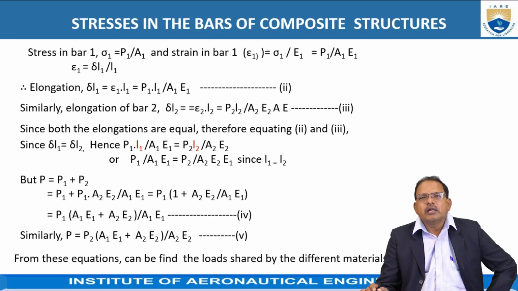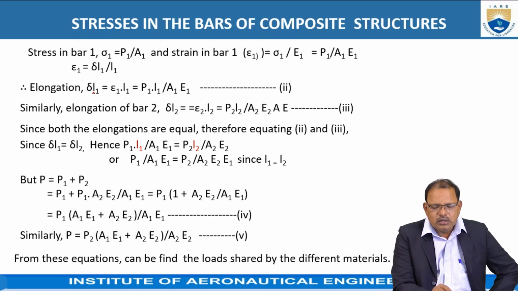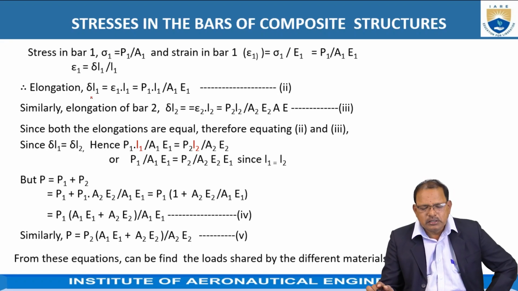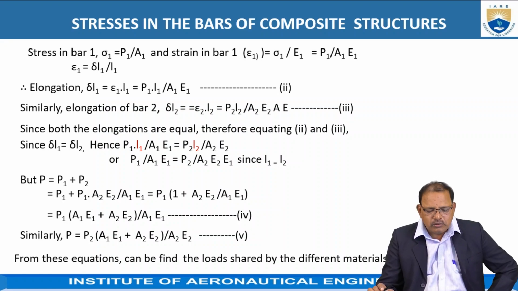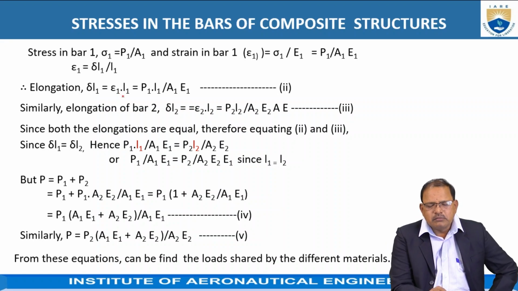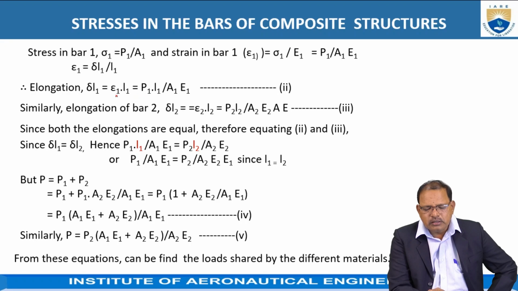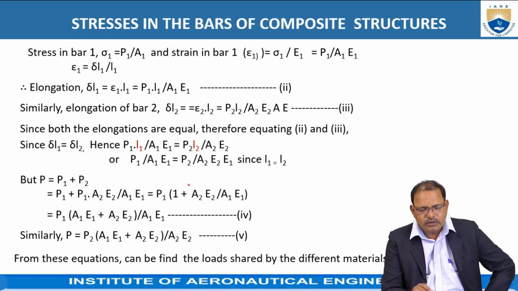Elongation delta L1 is the elongation produced in bar 1, which is equal to epsilon 1 multiplied by L1, that is, strain multiplied by the length of the bar. Here the elongation is P1 L1 divided by A1 E1.